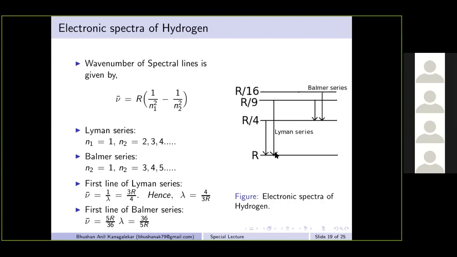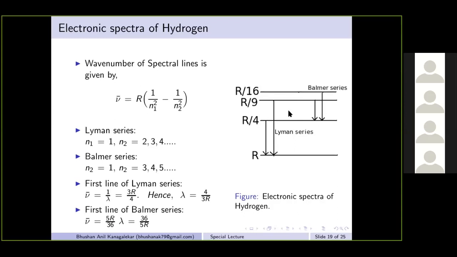For the first line of the Balmer series, R by 4 and R by 9. The wave number is R by 4 minus R by 9, which is 5R by 36, and the wavelength is the reciprocal of the wave number, so 36 by 5R.